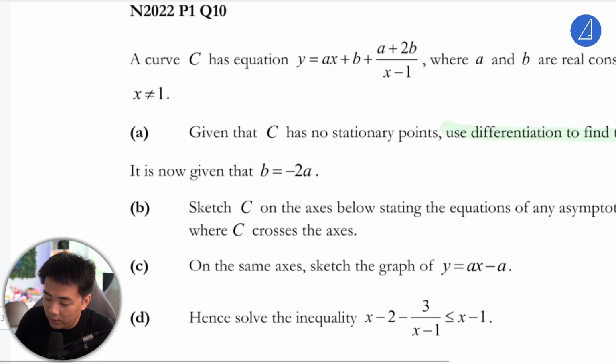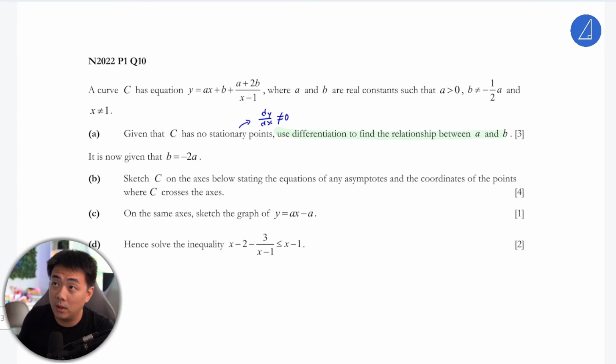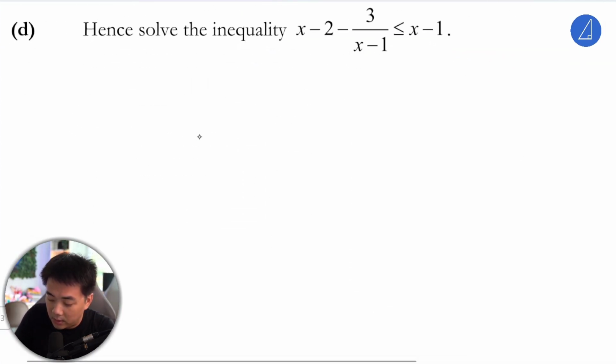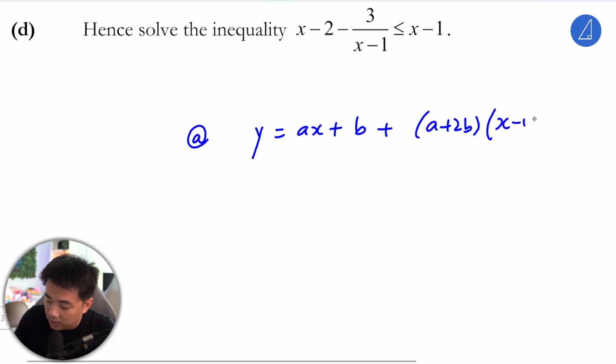No stationary point is pretty straightforward, meaning dy/dx has no real solution. So in this case, what I'm going to do is just differentiate. y equals ax plus b plus, this is a constant, a plus 2b, then x minus 1 to the power of negative 1.